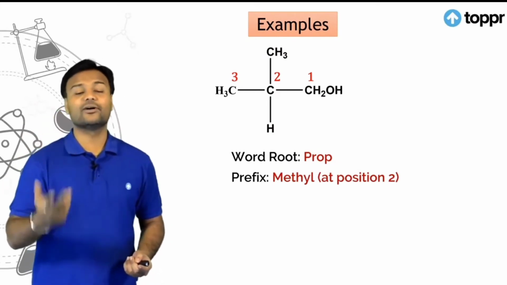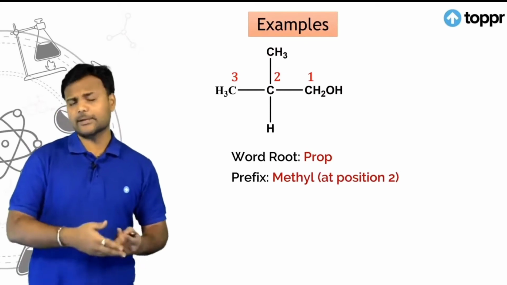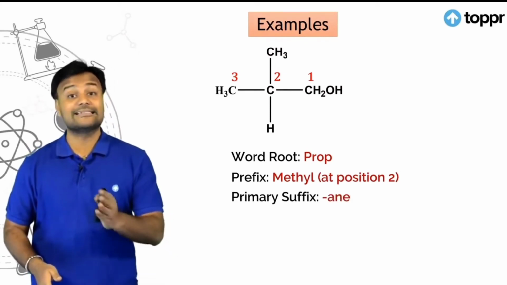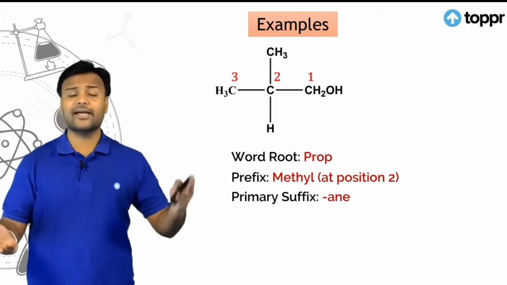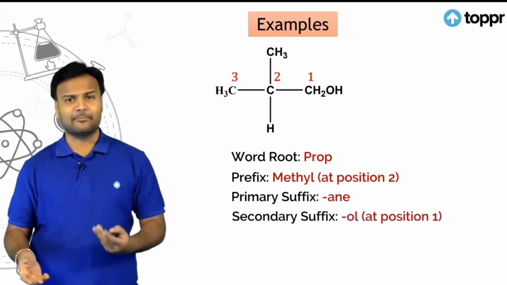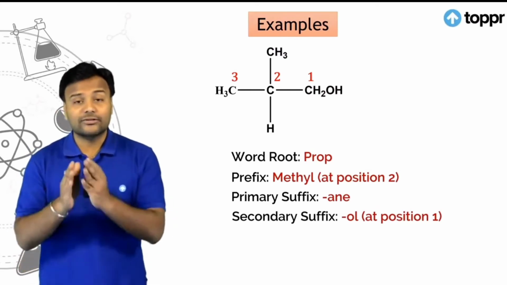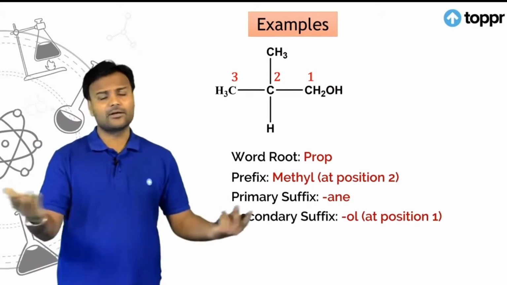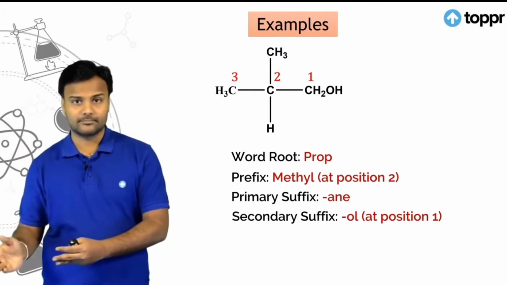That is your methyl, which is a substituent. Your primary suffix is ane because I cannot see any double bond or triple bond in this compound. And my secondary suffix will be OL. This OL is attached to the first carbon, so I can say this is 1-ol.